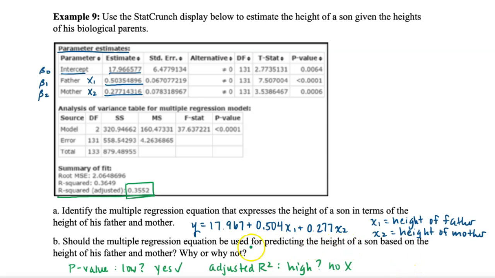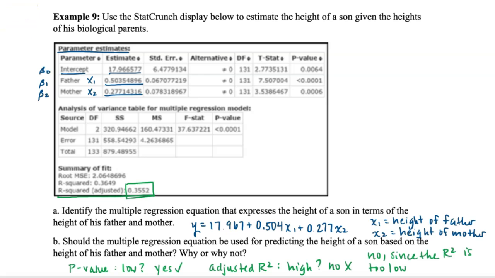And so is this a good equation for predicting the height of a son based on the height of his father and mother? No, since the r squared value is too low. So both of these things have to be true for this to be a good predictor.